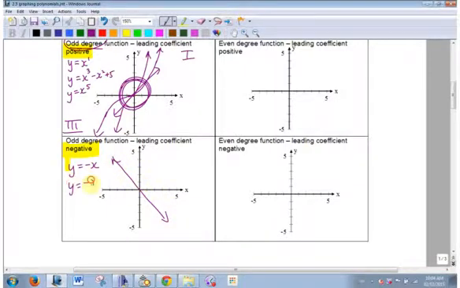So, any ideas what that'll look like? If x is a positive, I'm going to have, like, say 3. 3 times 3 times 3 is 27, but it's going to be negative. It's going to go down there. And it's going to go up there if x is a negative. It's just going to flip it over the x-axis.